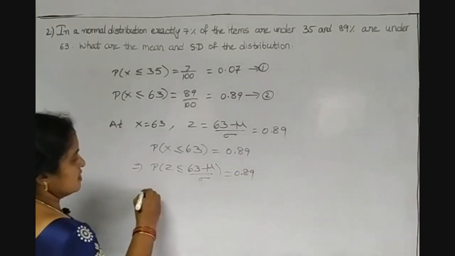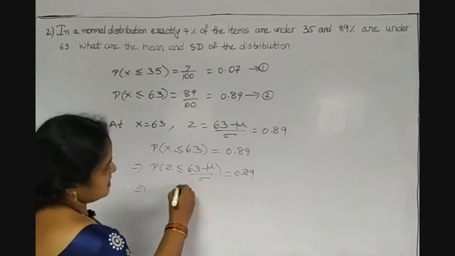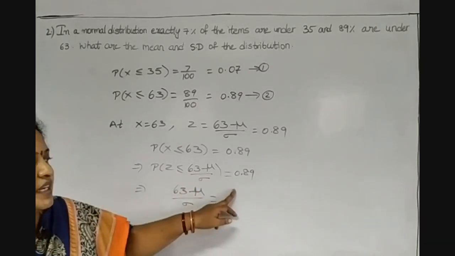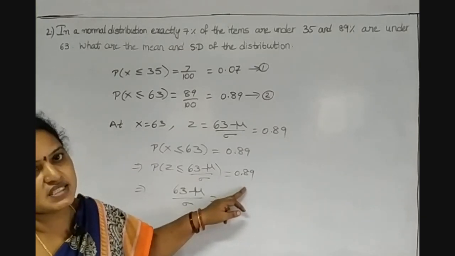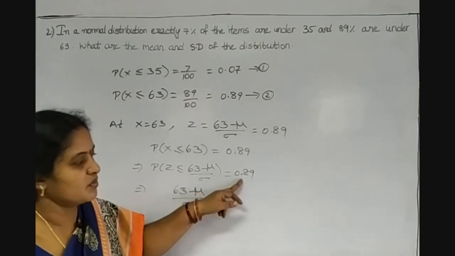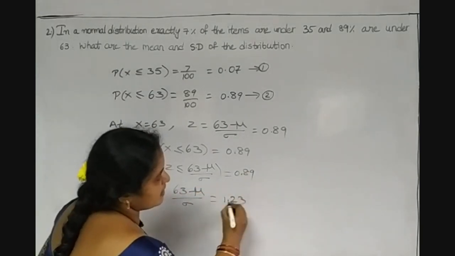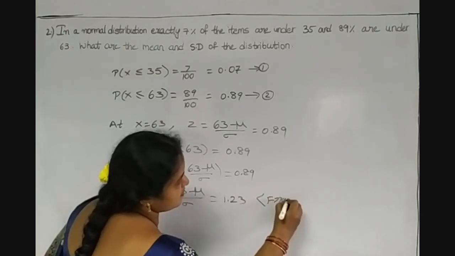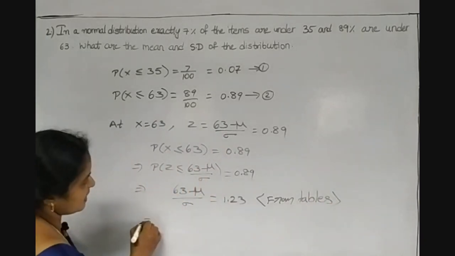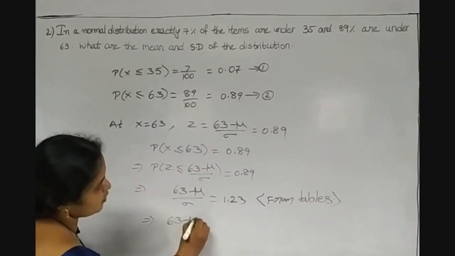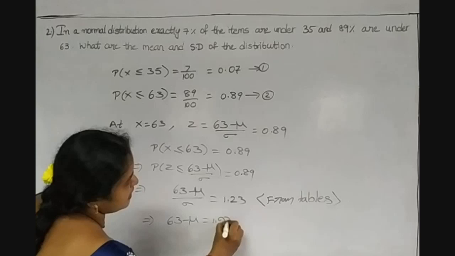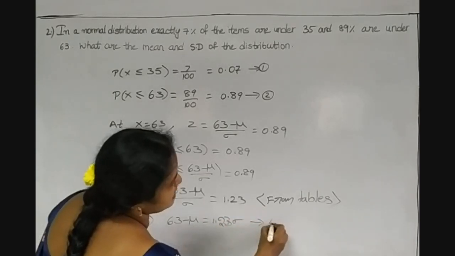So 63 minus mu by sigma equals the z value where 0.890 coincides in the tables, that is 1.23. It is calculated from table values. So which implies 63 minus mu equals 1.23 into sigma. This is equation 4.